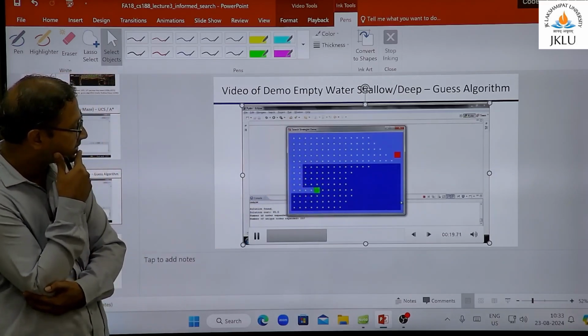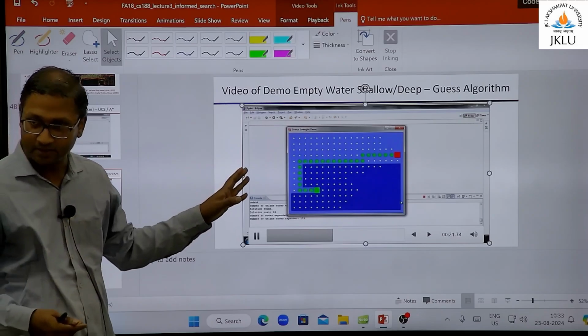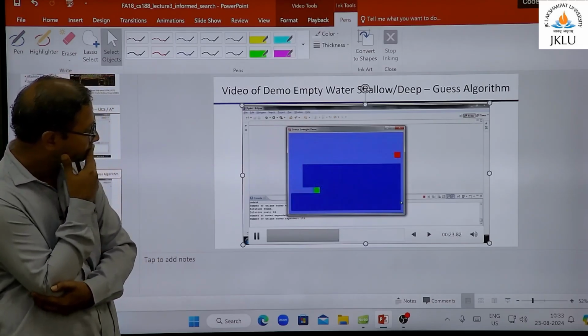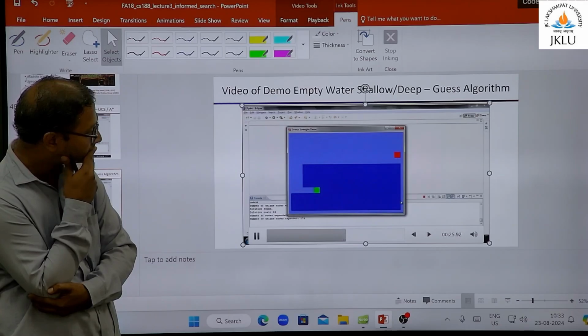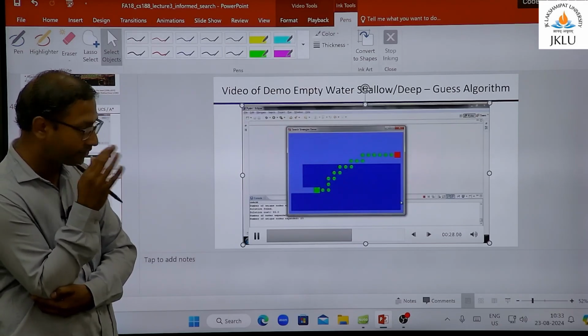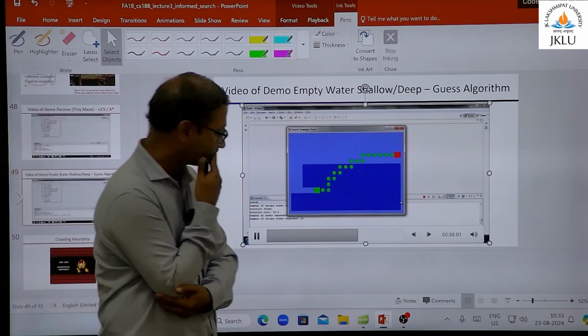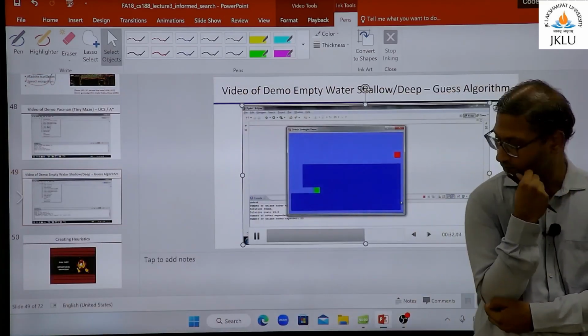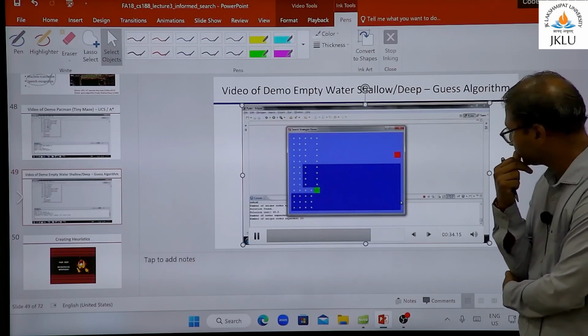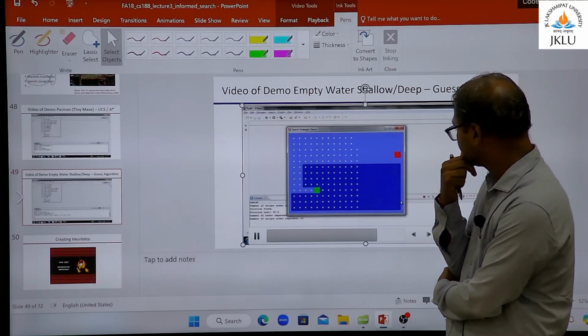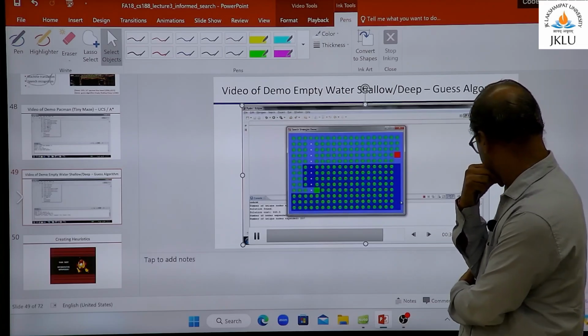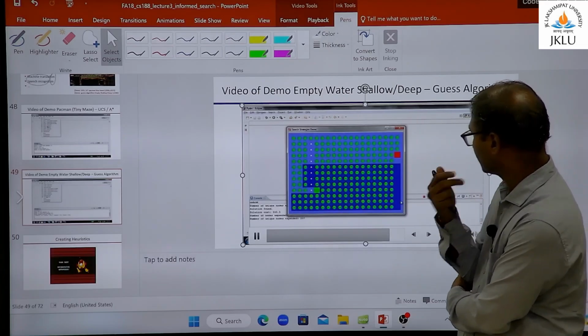Now in this case, UCS. This is more like UCS. Everything else was fine. Okay, done.